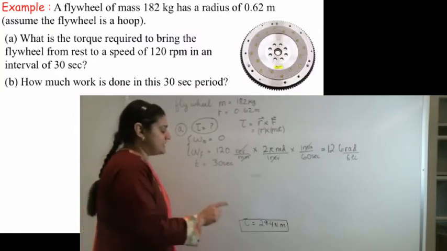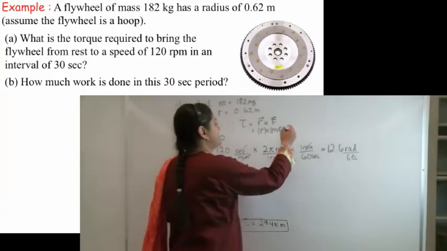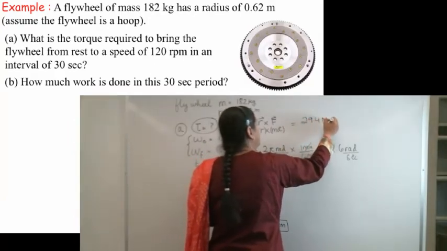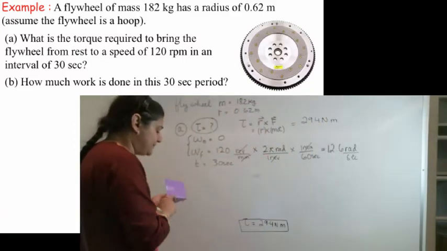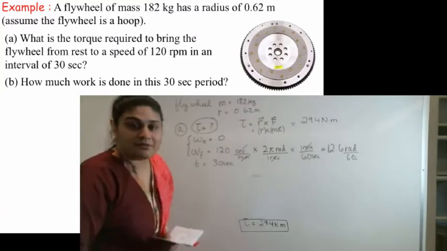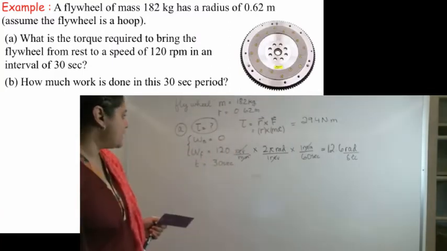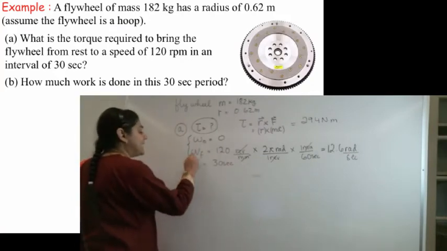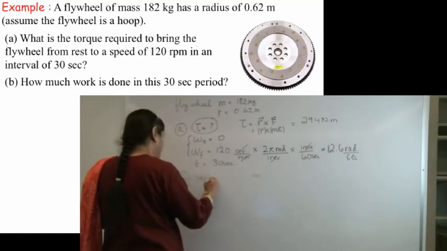In order to calculate how much work is done, I'm going to probably need torque again, so I'm going to rewrite this value, 29.4 Newton meters, as my torque here. Okay, so I'm going to get rid of this value for torque right here, and I'm going to think about what I actually know for part B from part A and from my prior information, because I need to calculate the work done.